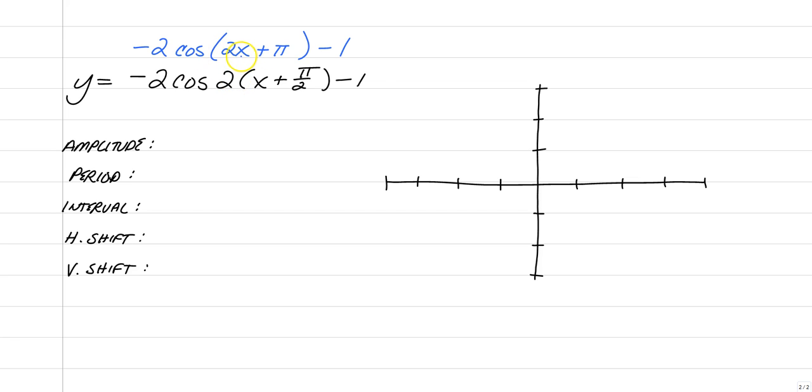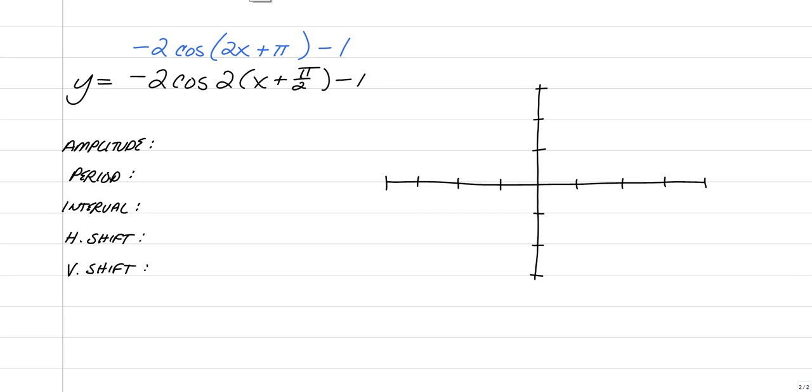So if you see this on any quiz or test, make sure you factor out the b value. So we would factor out a 2, so our 2 would be in front. 2x divided by 2 is x, and pi divided by 2 is pi over 2. Okay, so just make sure you factor out your b if it isn't already done for you.